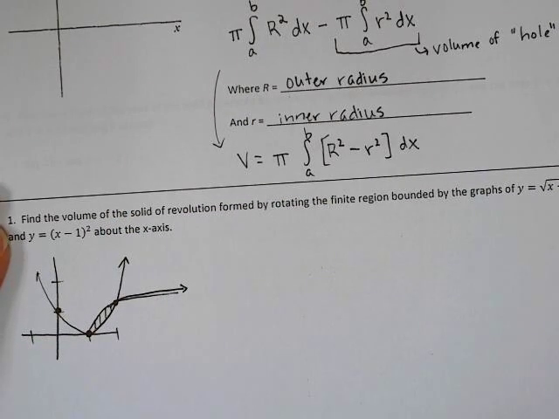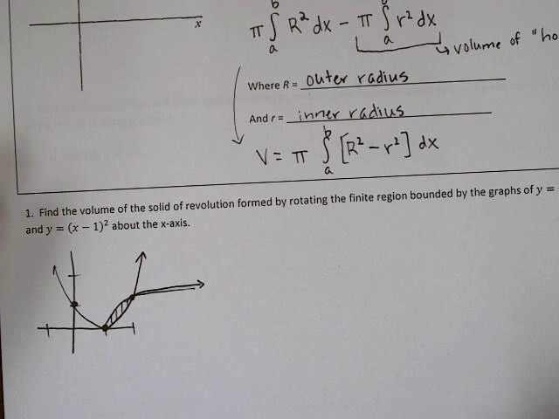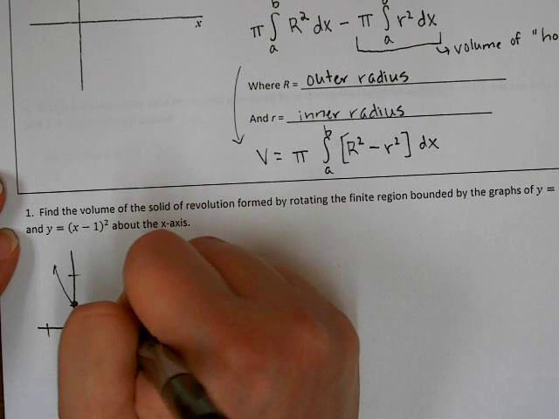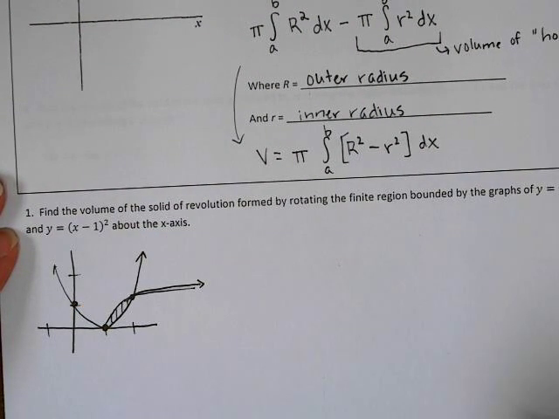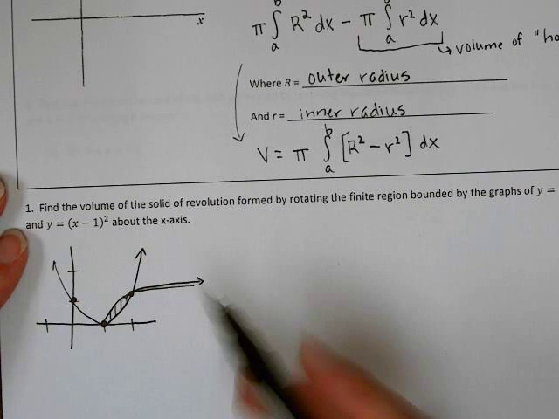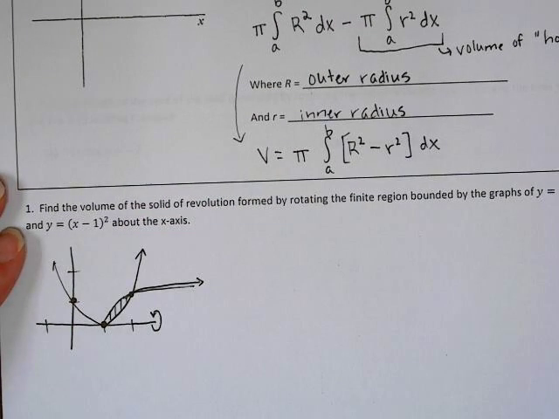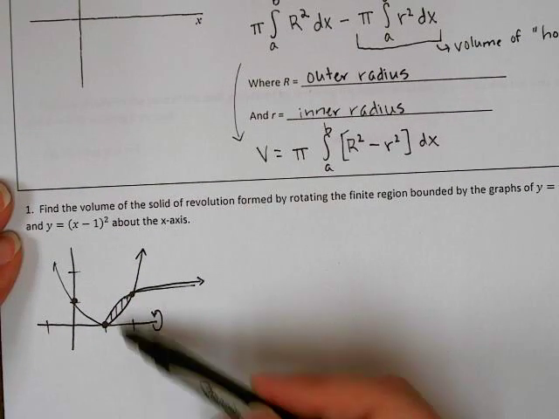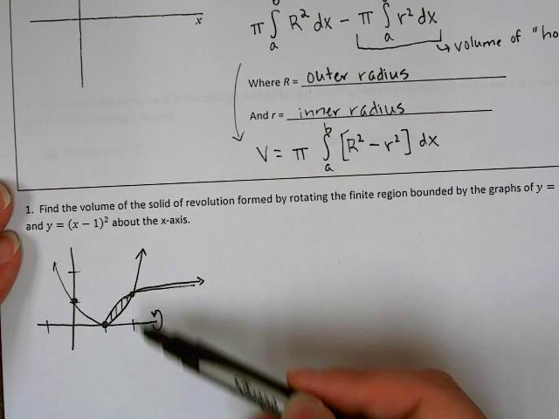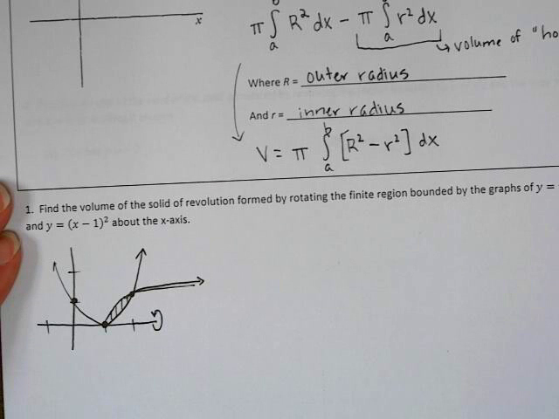Again, I tried to make it bigger for you to see, but hopefully you can see what's going on here. I'm going to extend this out. I'm rotating about the x-axis, so I always draw myself a little arrow there to show that I'm going to take this area and rotate it around the x-axis that way.